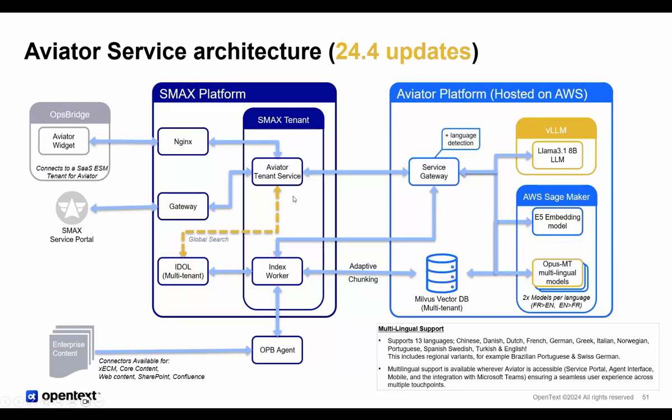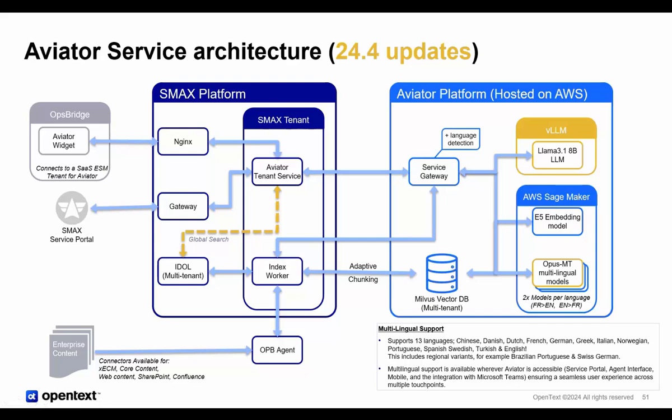The data is not stored in the Aviator platform at all. None of your SMAX artifacts or records are stored there, only within your tenant. The data identified as part of that search is passed across as part of that transaction, but not stored in the Aviator platform.